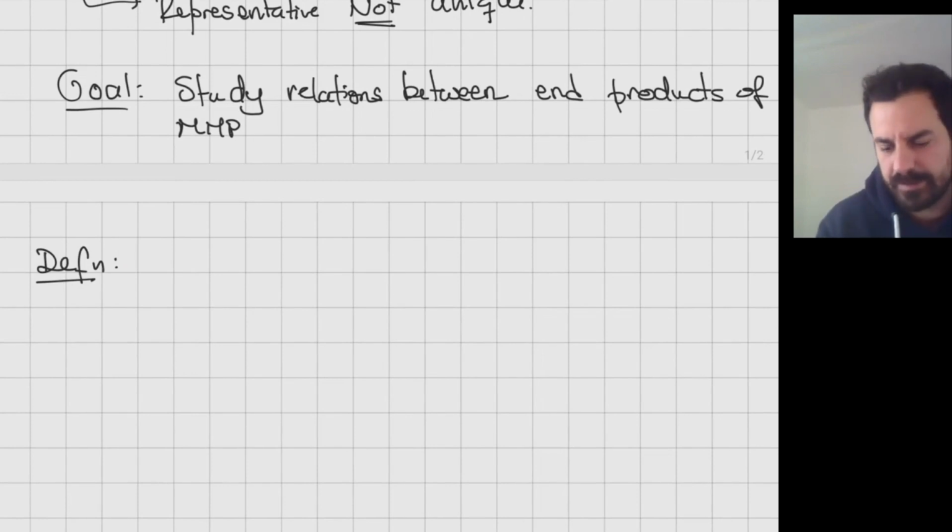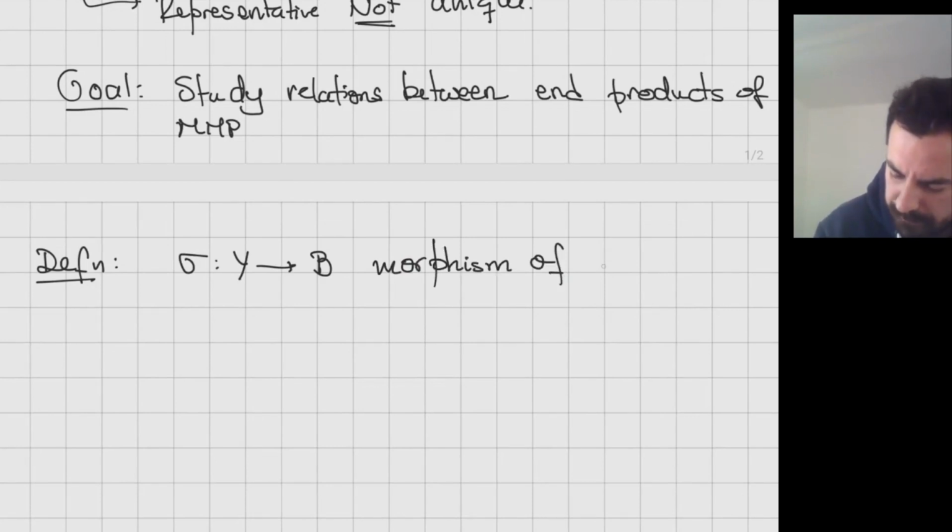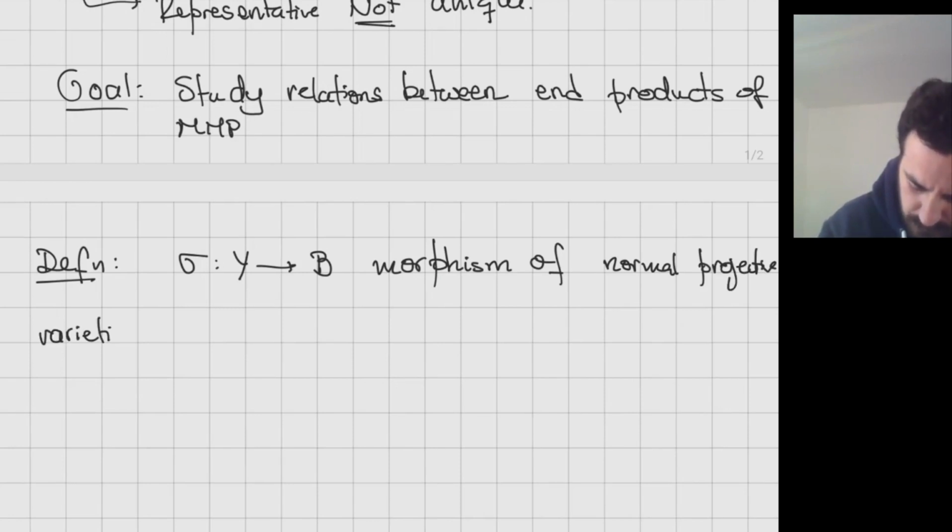So what is a Mori fiber space? You take sigma to be a morphism from Y to B, a morphism of normal projective varieties with connected fibers.